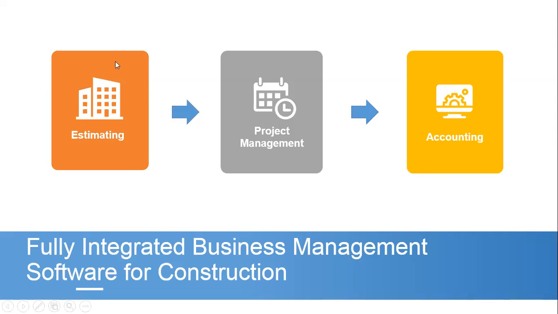So we help you bridge that gap, or perhaps you're looking to phase in, maybe you want to implement accounting and then phase in project management and phase in estimating so that everything ultimately is under one umbrella. We can help with that too. So again, either bridging the gap between systems or allowing you to fully implement everything under one product umbrella is what we hope to help you achieve.